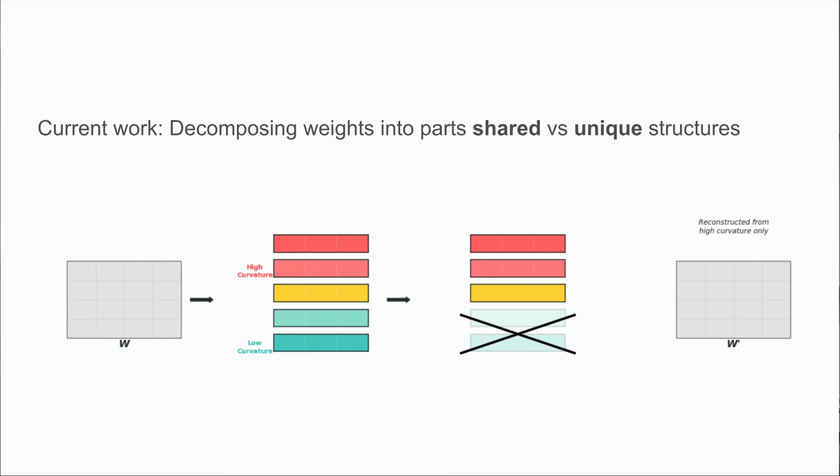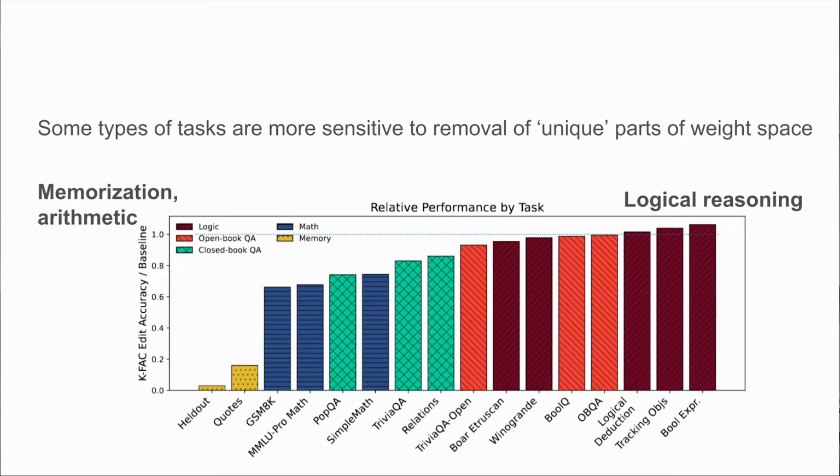This involves a decomposition ordered by how much the loss curves around these weights, and finding tasks that use the more shared structure and tasks that use the more bespoke structure.